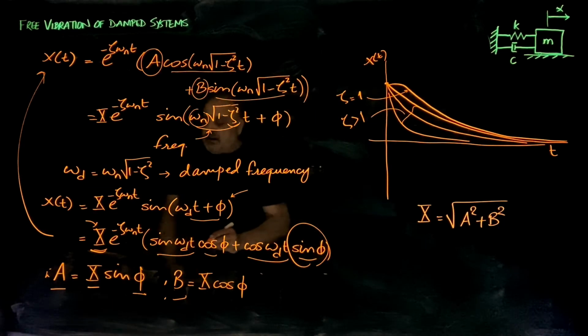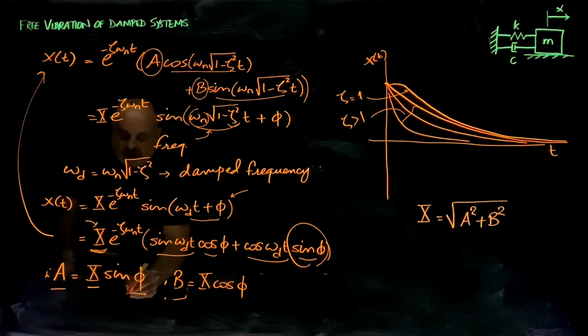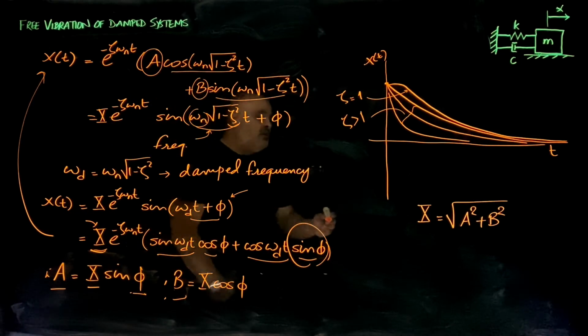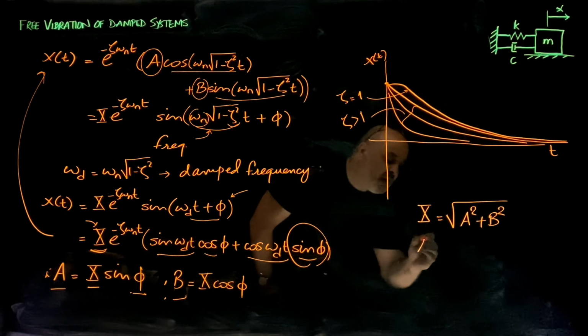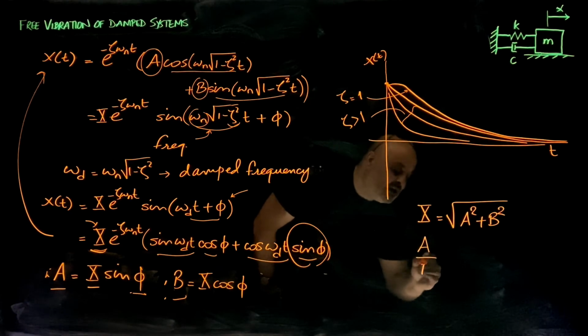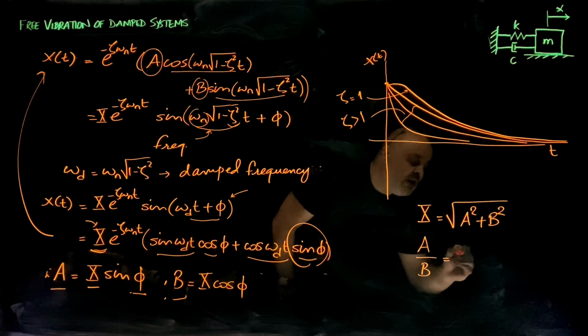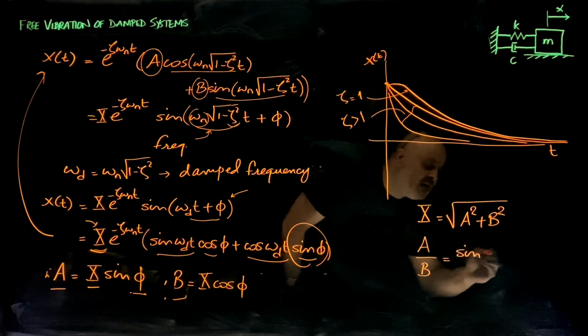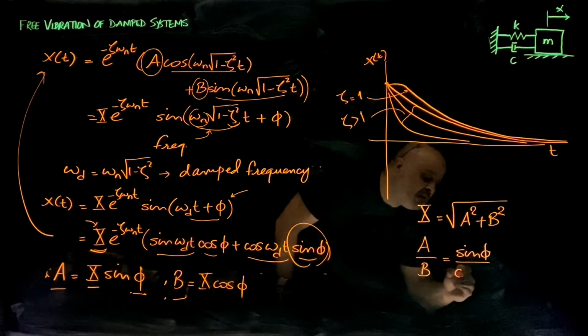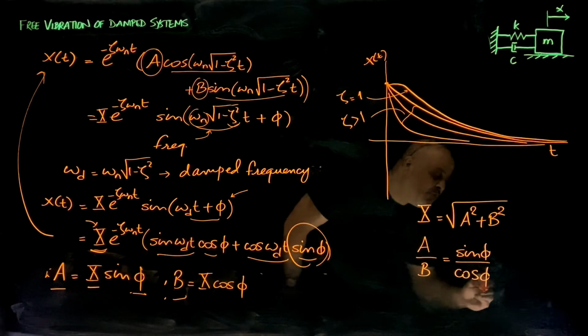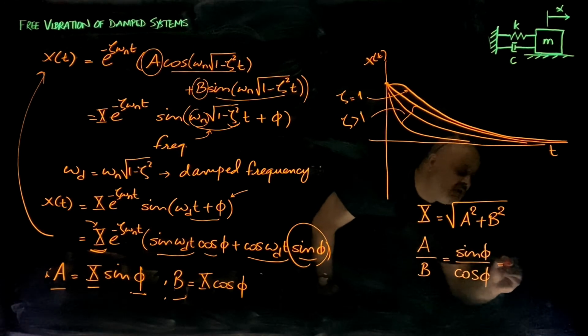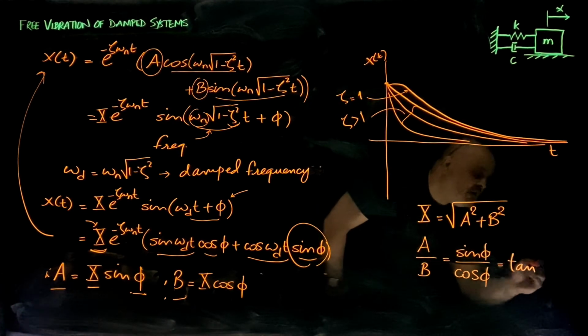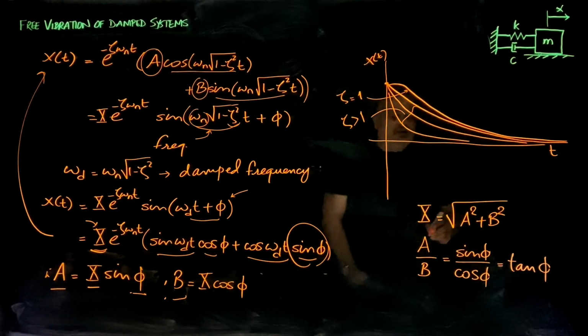And dividing A by B, x cancels, and I will have sine phi divided by cosine phi, which is the tangent of the phase angle phi.